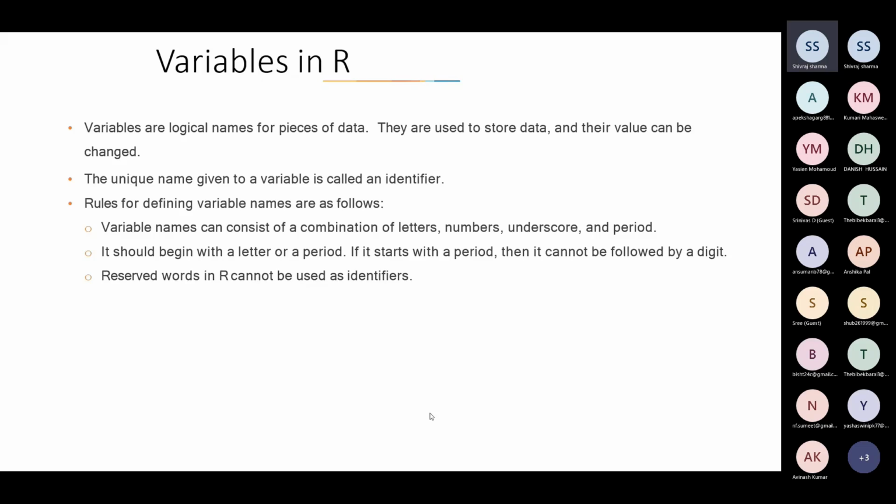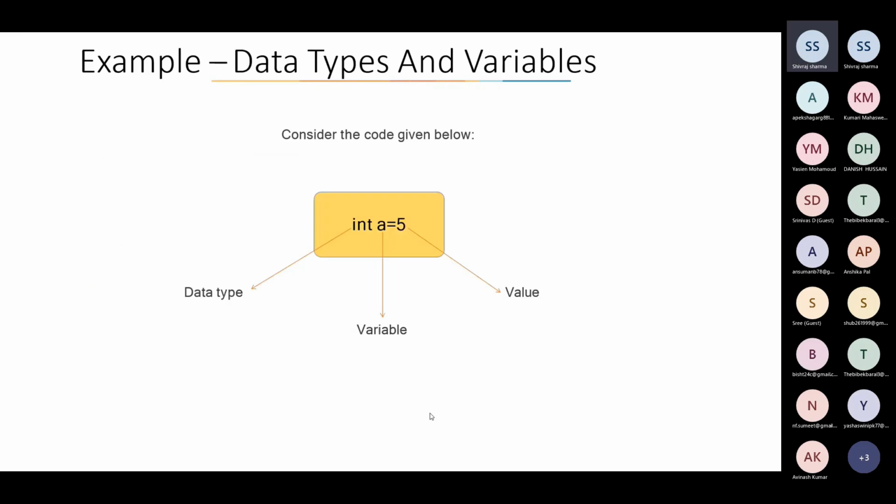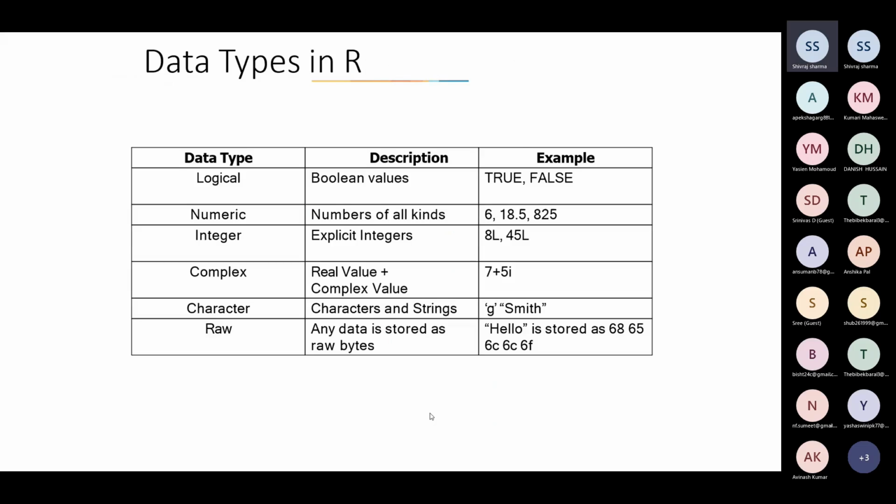Variables are logical names for a piece of data. See here, the variable a, we defined the variable, we have a value with us, and we assign that value a name. So if we are assigning any name to our value, that is the variable.